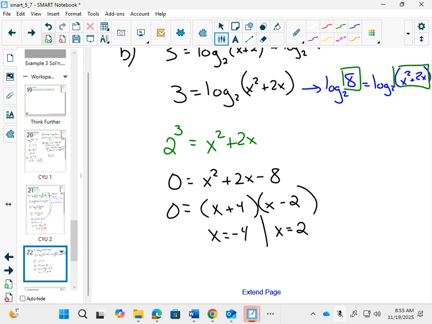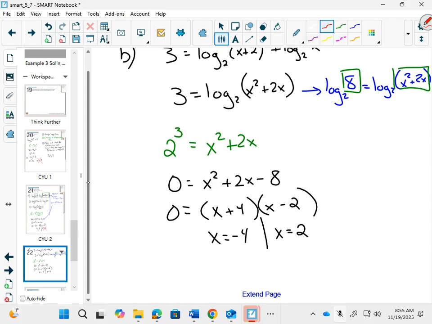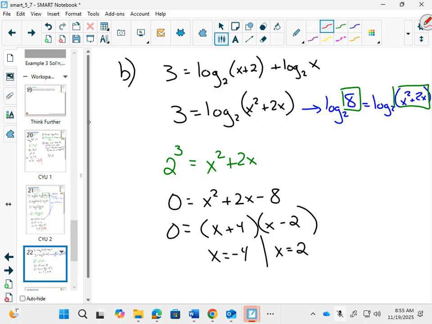And we have to check. So if I plug -4 back into the original equation, be careful, because if you plug -4 into this one, it appears to be fine. You always have to plug it back into the original equation.